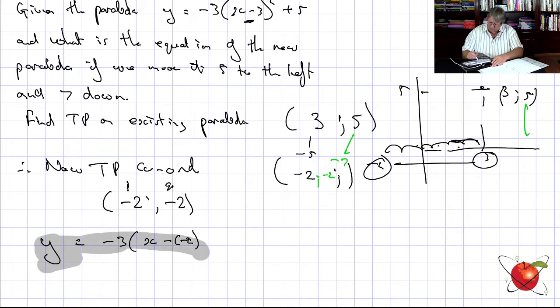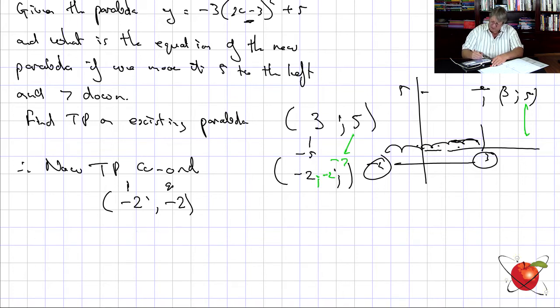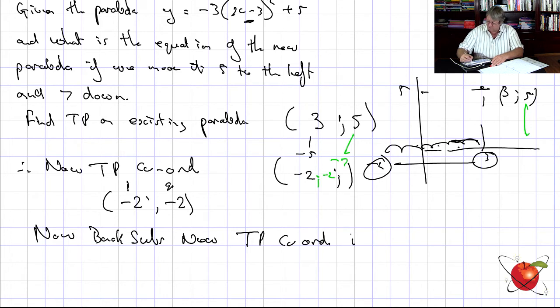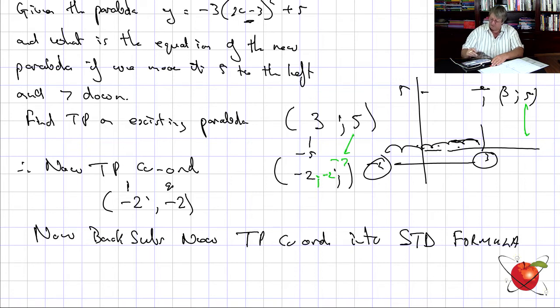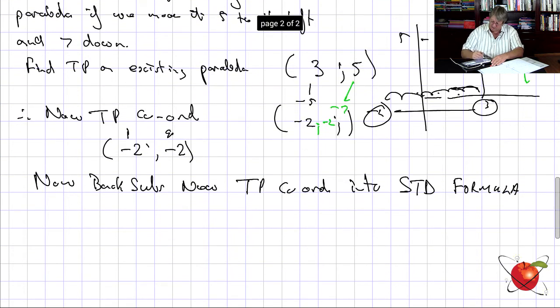Okay, I want you to be 100% sure. TP now, back subs new TP coords into standard formula. Okay, standard formula, and we write it down.